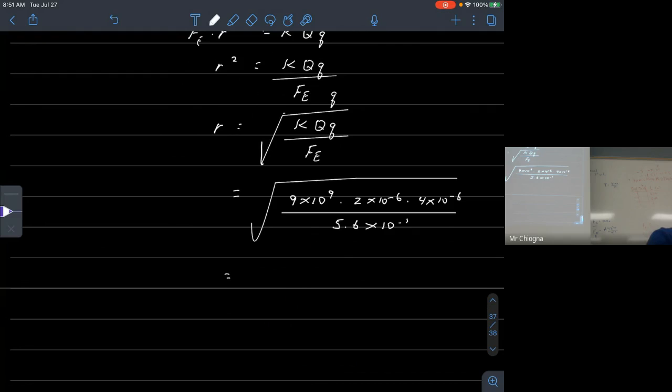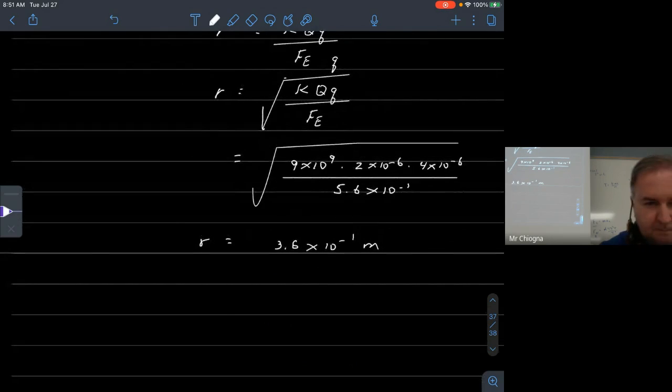So this should work out to be 0.36 meters. Sure this is being recorded? Yes, it is.